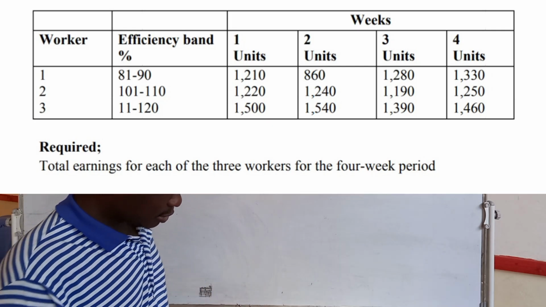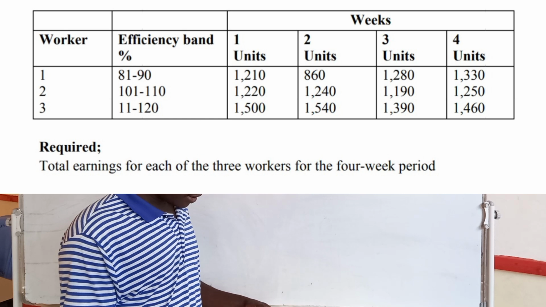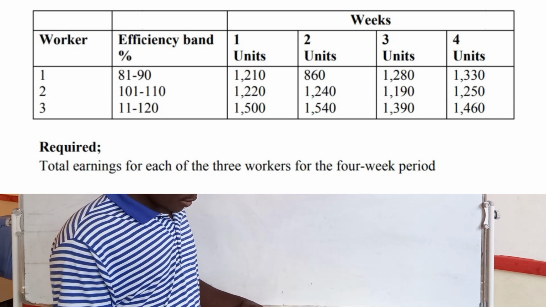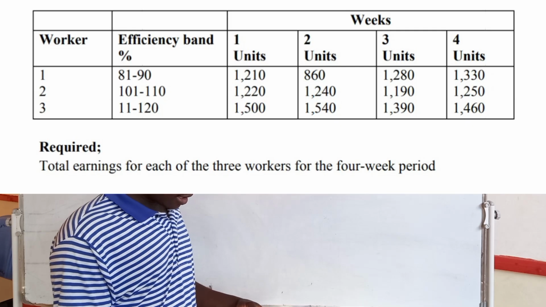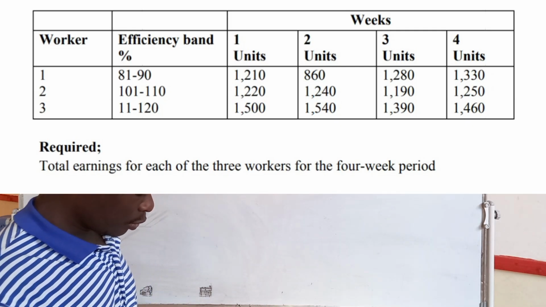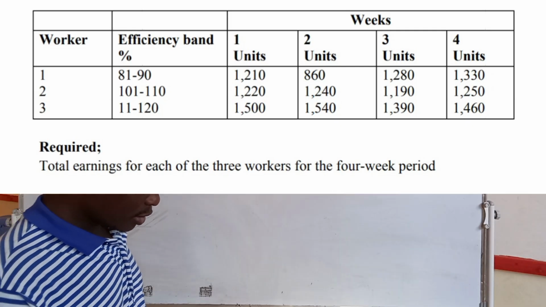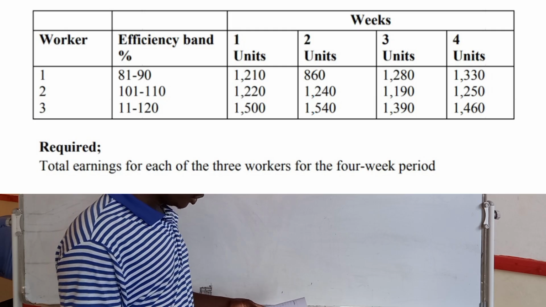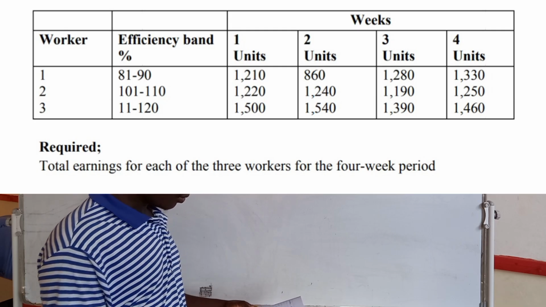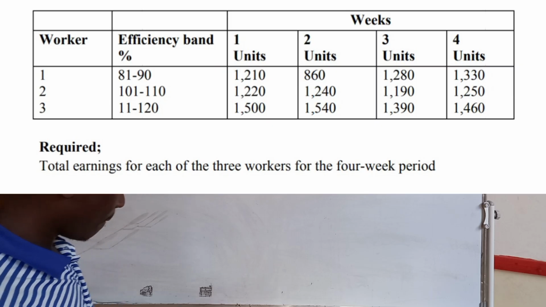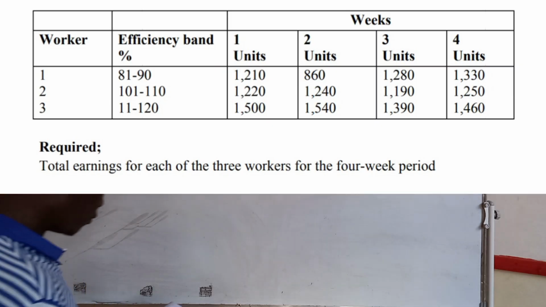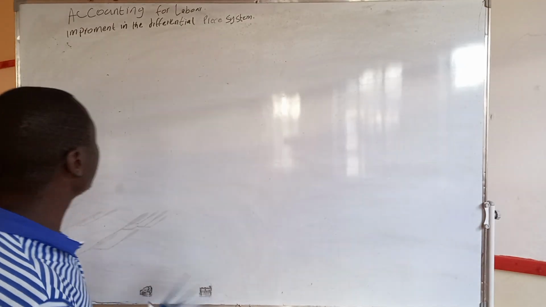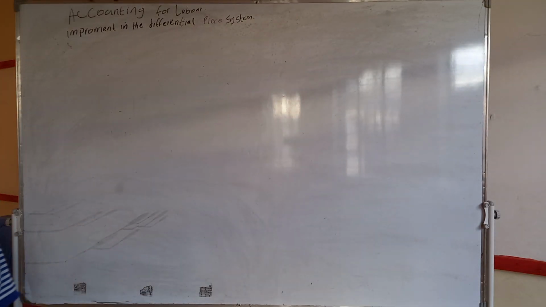Week 1, the production was 1,500. Week 2, 1,540. Week 3, 1,390. And week 4, 1,460. Required: total earnings for each of the 3 workers for the 4-week period. Now let us do the calculation.